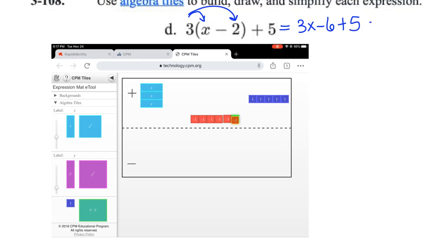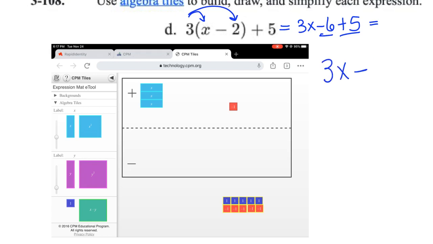And then I'm going to remove zero pairs. If I remove zero pairs, that is a positive 5 and a negative 5. Remove those, and my final answer is 3x minus 1.